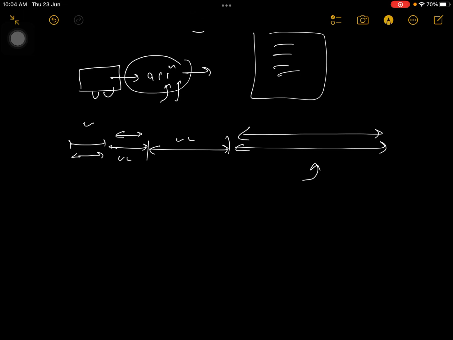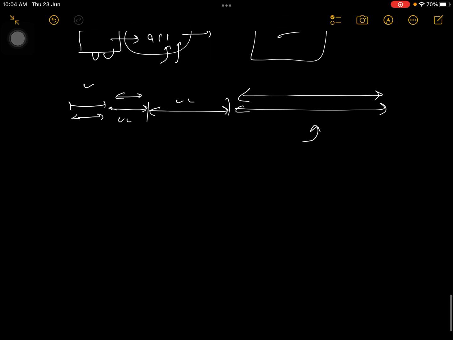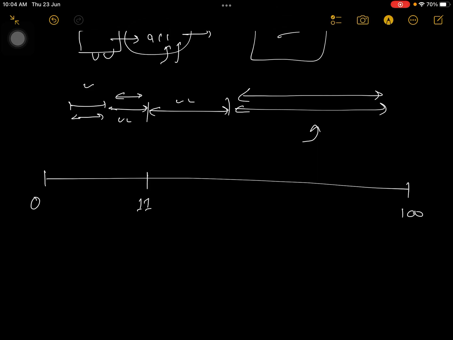So understand here, suppose I have some data like this: this was 0 seconds and this was 100 seconds. Suppose I want to find the distance between the 11th second and the 12th second, and between time 80 and time 81.